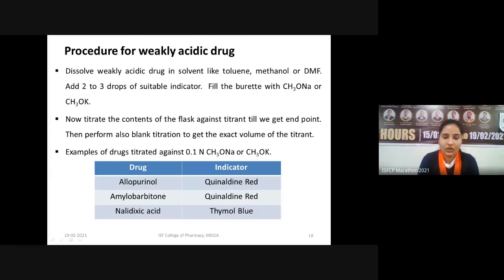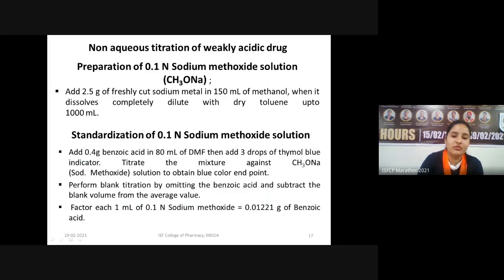So by using this equation, we can find exactly the strength of the sodium methoxide used. By finding out how much sodium methoxide has been used for the neutralization of 0.4 gram benzoic acid, we can calculate the strength of the sodium methoxide very easily.